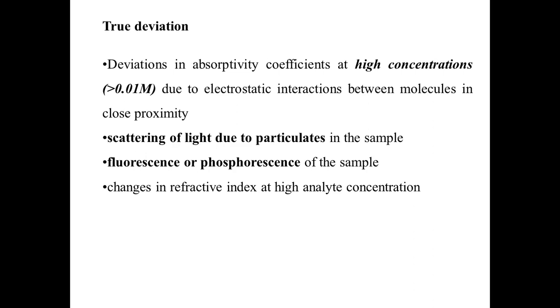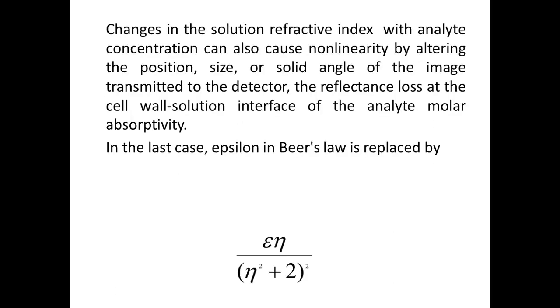There could be scattering of light due to particulates in the sample, or there could be fluorescence or phosphorescence in the sample, or there is a change in the refractive index whenever we are using a higher analyte concentration. Generally, the refractive index of the solution ideally should be less than 1.